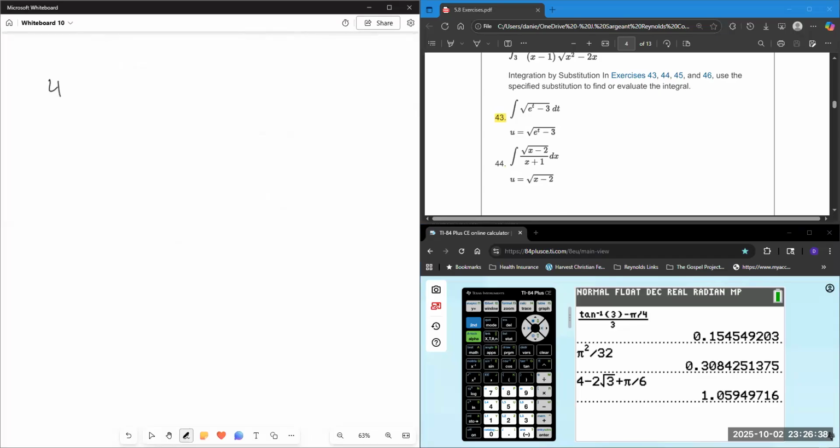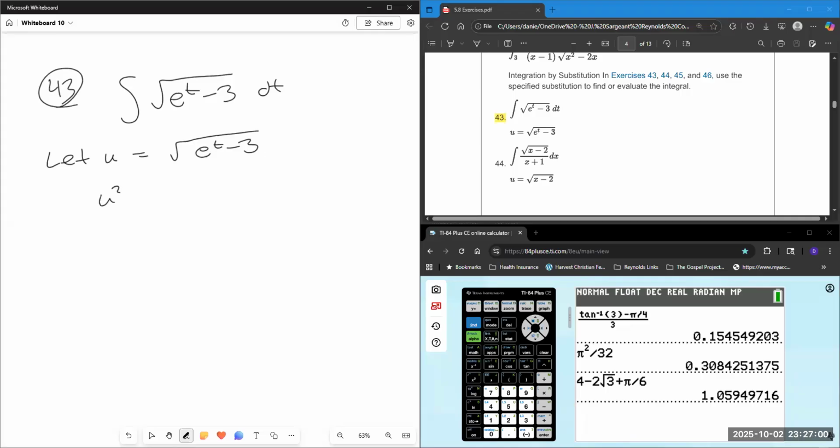Number 43 says integral root e to the t minus 3 dt. Use the specified substitution to evaluate the integral. They tell us to let u be equal to the square root of e to the t minus 3.